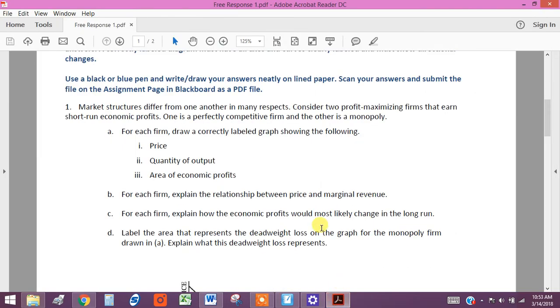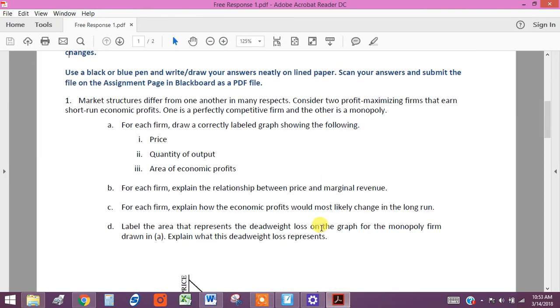Let's see. Now, the last thing they're asking us to do here is label the area on each of these graphs that represents deadweight loss. Just for the monopoly. Okay, right.